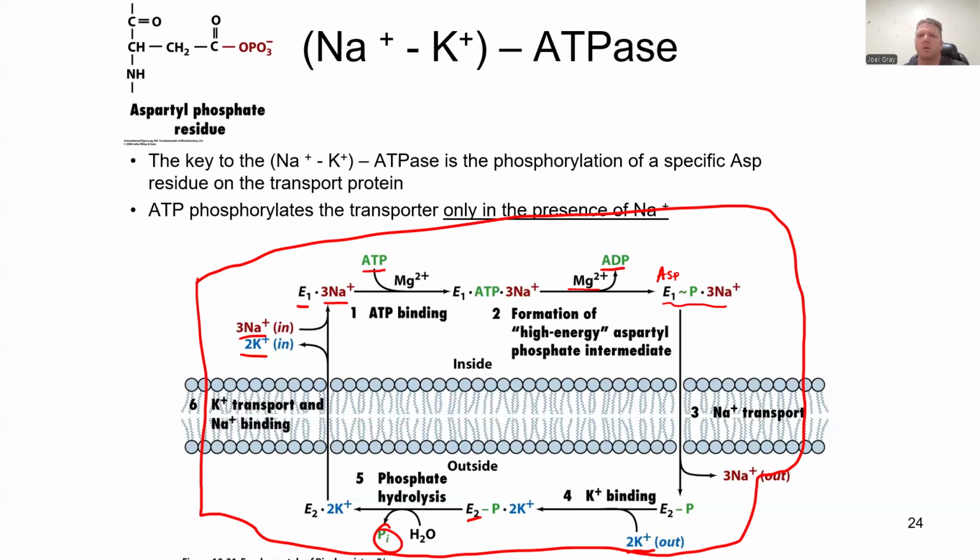It's absolutely important that you know the sequence of this because this is an essential enzyme for life, but it's also a great model for a couple of different things. I mean, what does this protein right here show us? It's an antiporter. It's going to undergo conformational changes. We are using ATP hydrolysis in order to get things done. So this has a lot of great features and a lot of great traits.